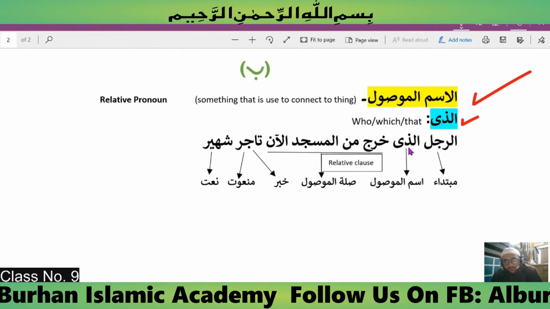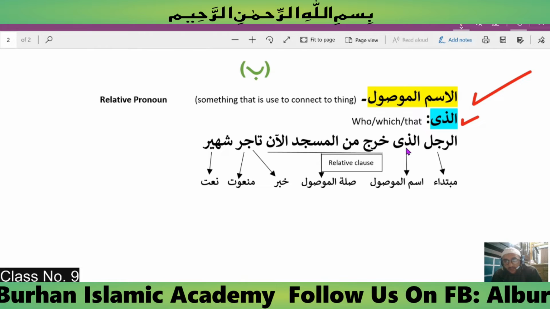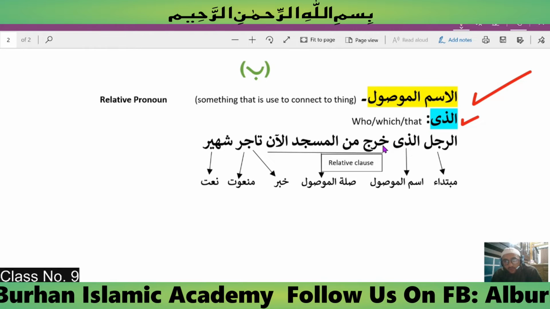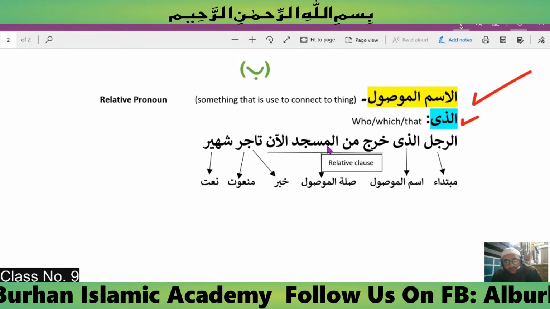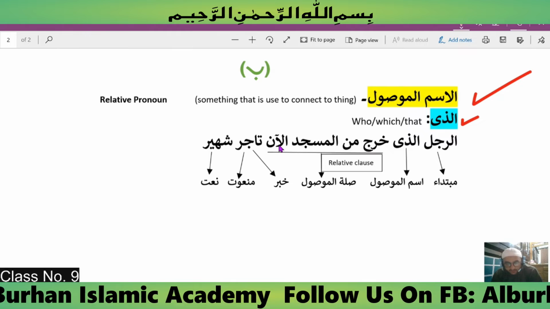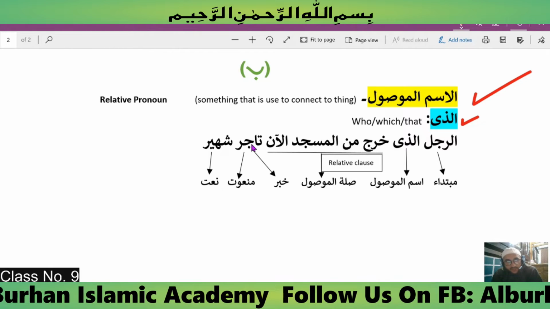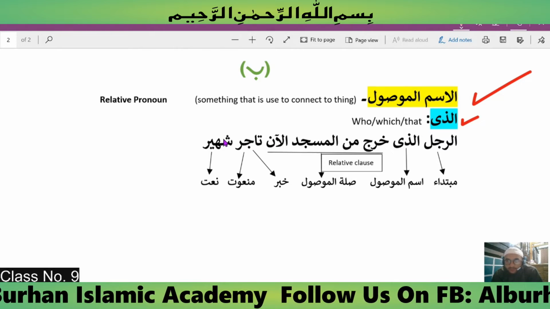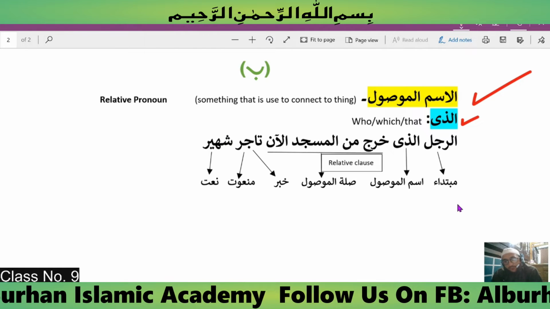We translate it to who because it's suitable here. خرج, left, من المسجد, from the masjid. الآن, just now. تاجر, trader. شهير, famous.